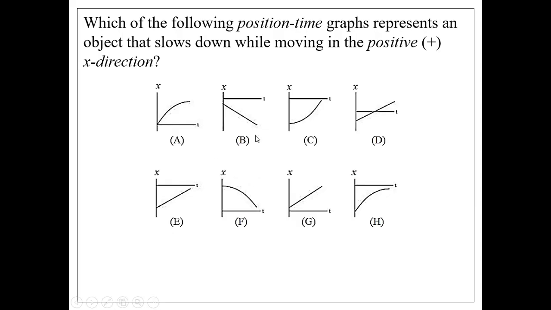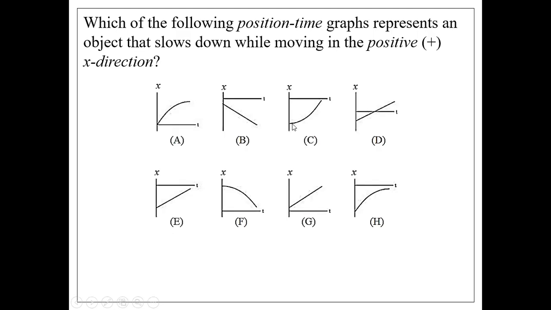Choice B, okay, is whack. If you're slowing down, it implies that you're decelerating, but anytime you accelerate or decelerate, the graph of x versus t has to be some sort of curve. The fact that it's not a curve, I can cross it out. Let's go to C. C is a curve. However, if you look at the tangent line for C, it starts at 0.